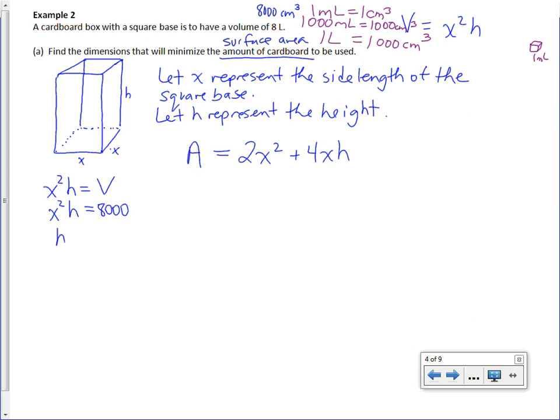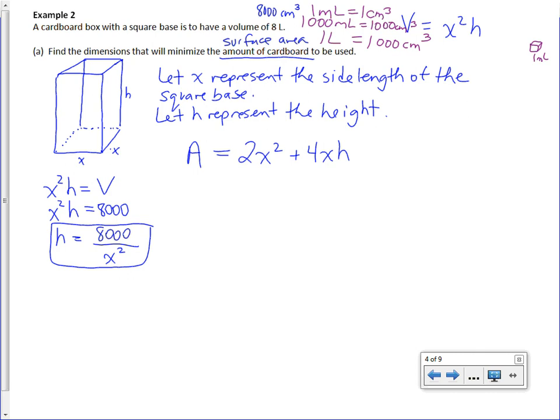So what's H going to be, guys? To isolate H, what do you do with the x squared? True. So divide, and it would be 8,000 over x squared. There it is.